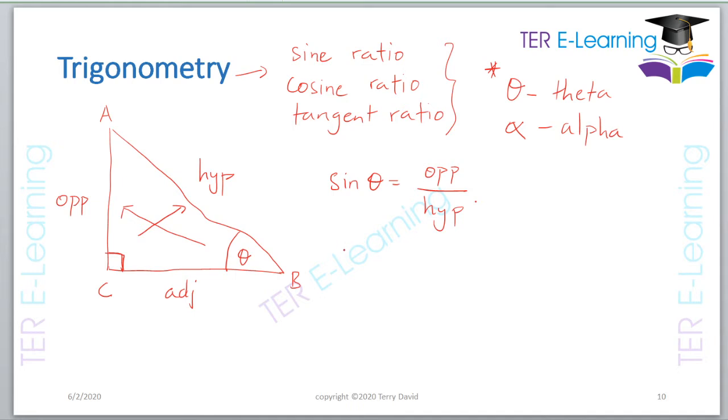Now we have something called cosine as well. Cos theta is equal to adjacent (ADJ) over hypotenuse. That's what the cosine ratio is. And the last ratio is my tangent ratio, which is tan theta equal to opposite over adjacent.